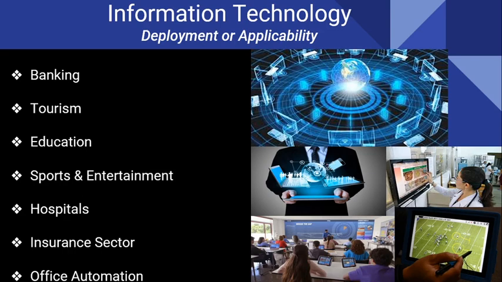So these are the main few areas. The area is vast. These are a few areas in which the applicability or deployment of information technology is very much visible, and we face this applicability of information technology in our everyday life.